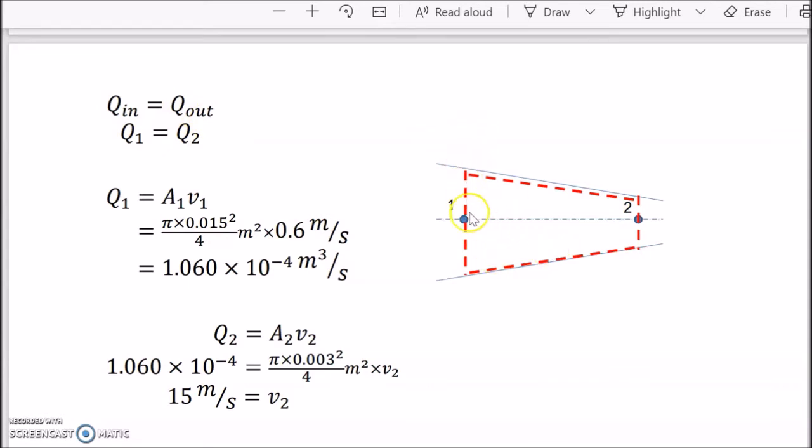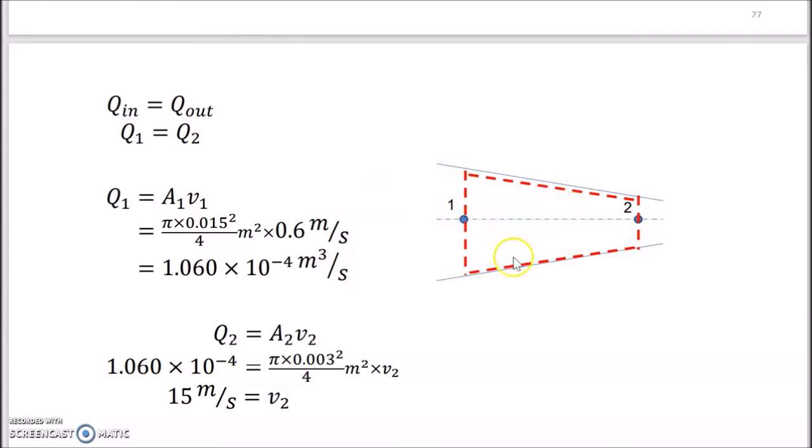Section 1 is the water that comes into the control volume of the nozzle, and section 2 is the water flowing out, leaving the nozzle.